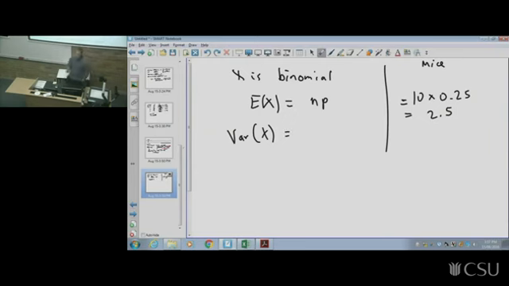So the other one is the variability. This is the variance of x. The variance of x is n times p times 1 minus p. You can prove it with a bit of algebra.